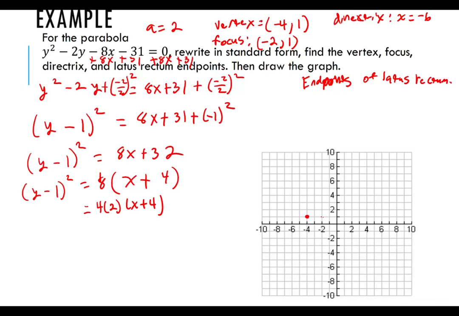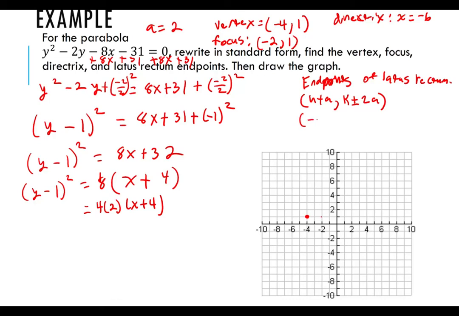So really all I need to do is shift up from that focus value 2 times a. And so since a is 2, the endpoints of the latus rectum for this specific version are going to be the x value of the focus, which is h plus a, and then the y value of the focus, shifted up by 2 times a and shifted down by 2a.